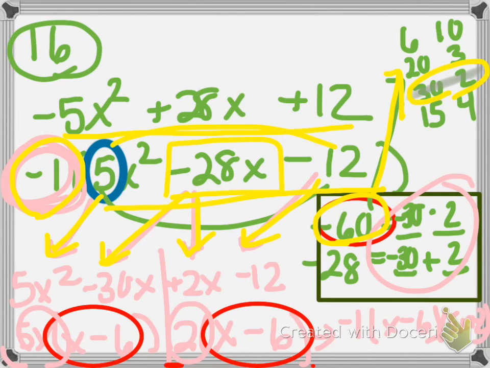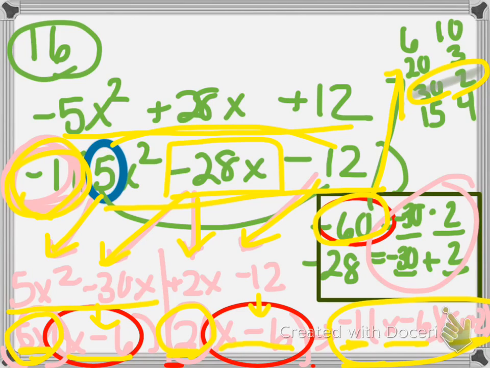I factored by grouping. 5x squared minus 30x have a 5x in common with x minus 6 left over. 2x and negative 12 have a 2 in common with x minus 6 left over. I then didn't forget about this negative 1, my GCF. I wrote my common x minus 6 here once, and then my leftovers, 5x and 2, right here. And this is my final answer. I hope that worked out okay.